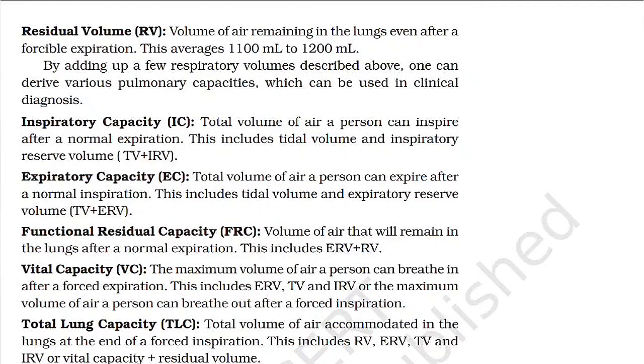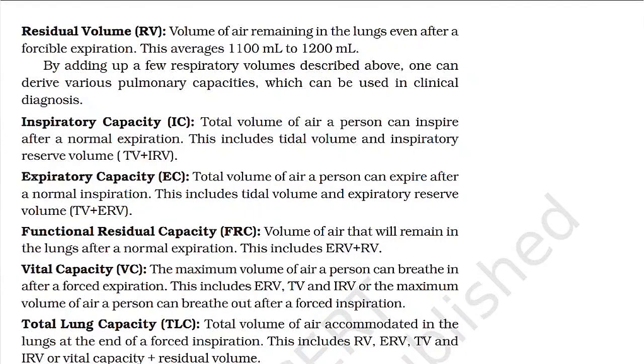Expiratory capacity, EC: total volume of air a person can expire after a normal inspiration. This includes tidal volume and expiratory reserve volume, that is TV plus ERV. Functional residual capacity, FRC: volume of air that will remain in the lungs after a normal respiration. This includes ERV plus RV.